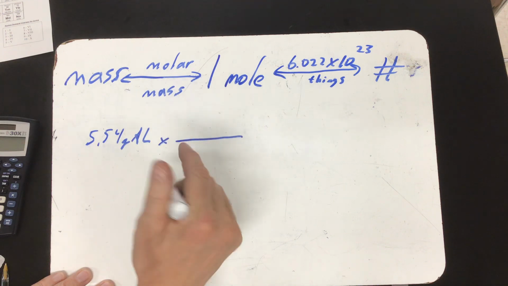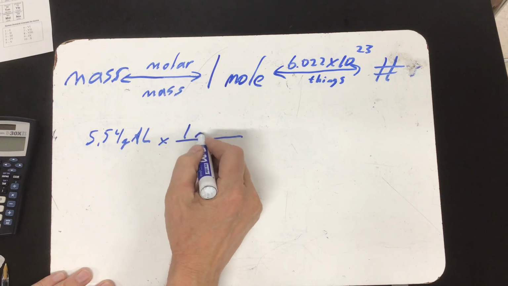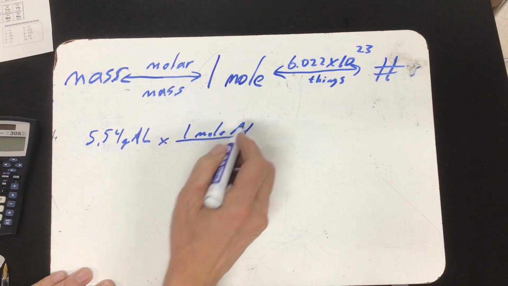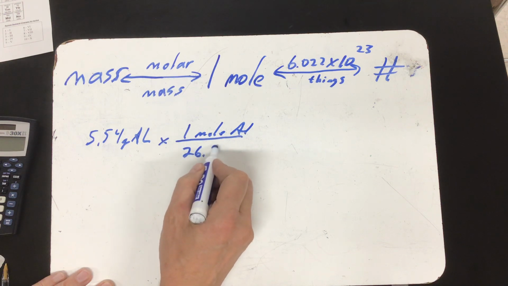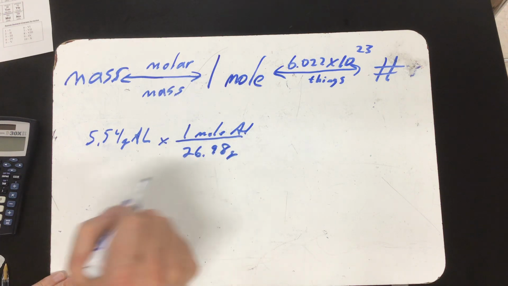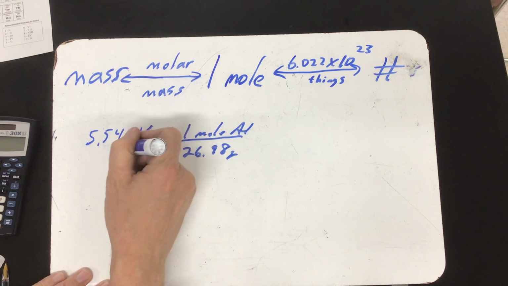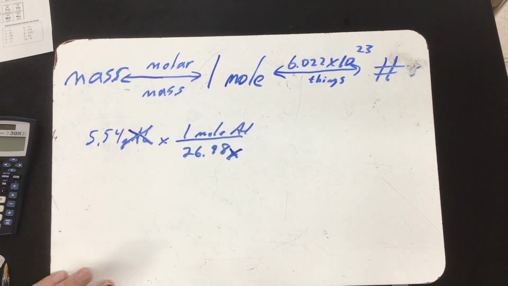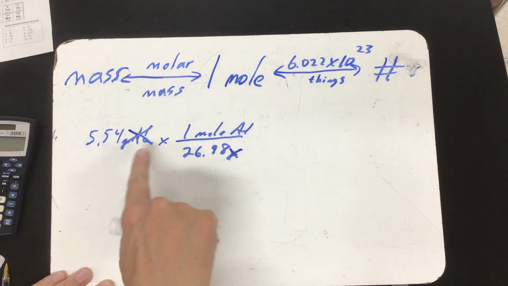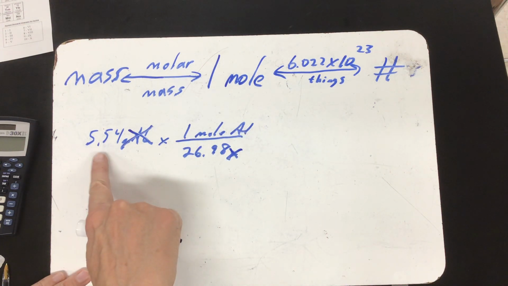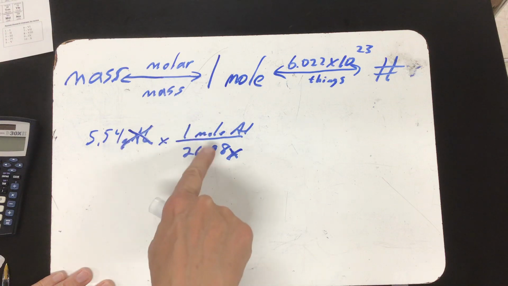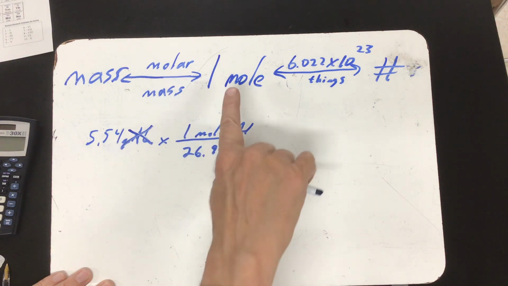I want to change it into moles, so I will say 1 mole of aluminum is 26.98 grams. I put the grams in the denominator so that they would cancel, and I'd be left with moles of aluminum.